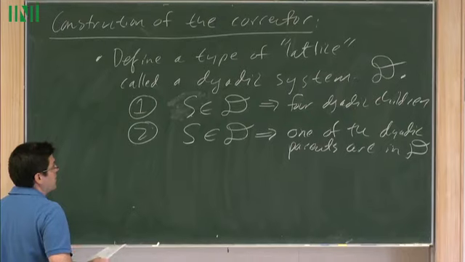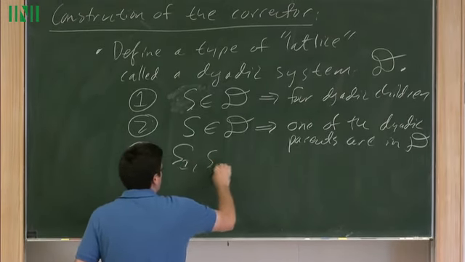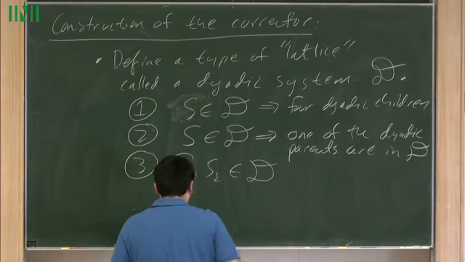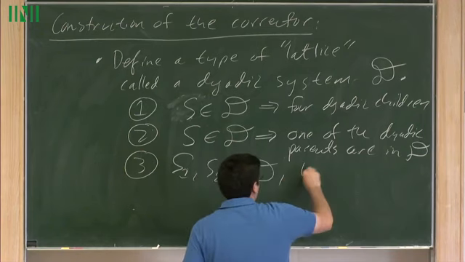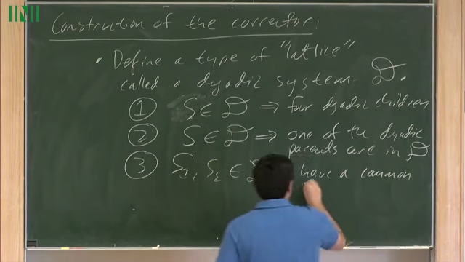And lastly, if you have any two squares, S1 and S2, which are inside of your dyadic system, then these have to have a common ancestor.